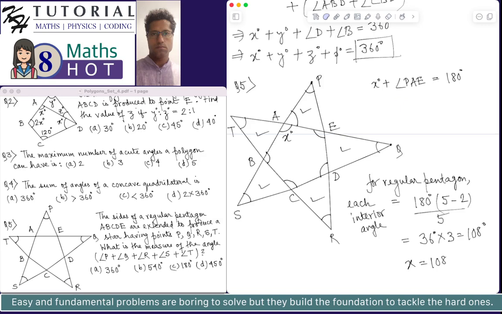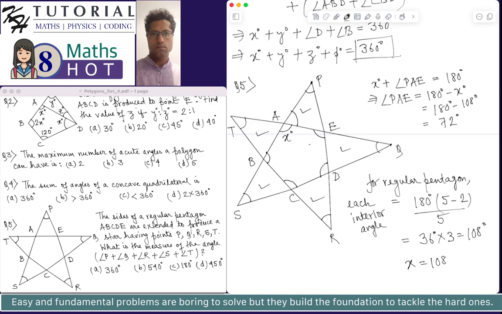We know x degree is 108 degree. So from here we can say angle PAE is equal to 180 degree minus x degree, which is 180 degree minus 108 degree. So this is equal to 72 degree. So angle PAE is 72 degree.